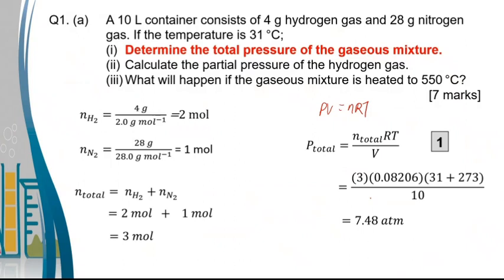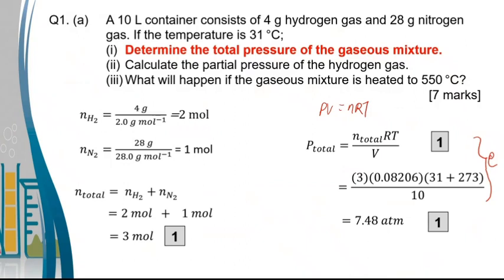The allocation of mark is the first mark goes to formula PV equals nRT. The second mark will go to the n total, 3 mole. The third mark will go to the final answer with unit. So the first mark is either the formula or the insertion.